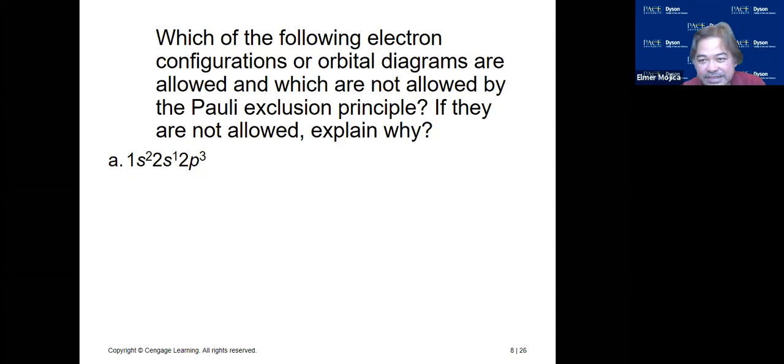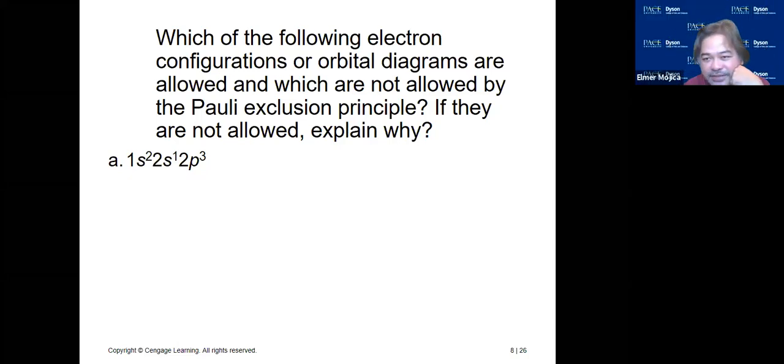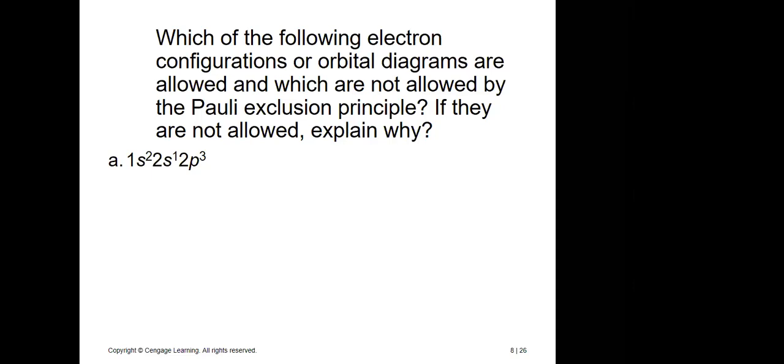What is an excited state? When an electron has absorbed energy, some of the electrons can go up to an orbital with a higher energy level. So here, it is allowed if you have an excited state.